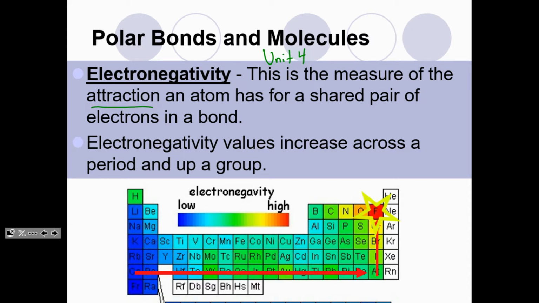The most electronegative element is fluorine. And there's one thing to note: the noble gases do not participate. The reason for that is that they have a filled outer valence shell, and so they don't need to.